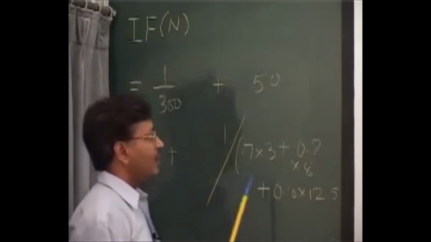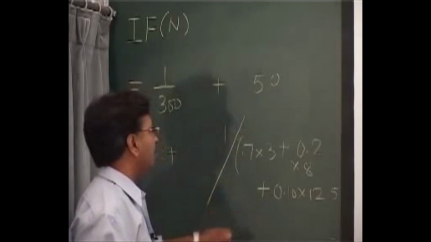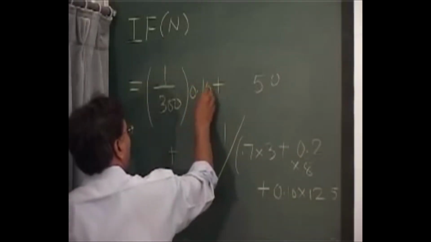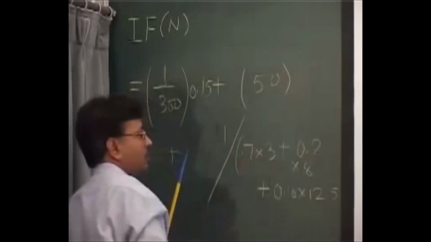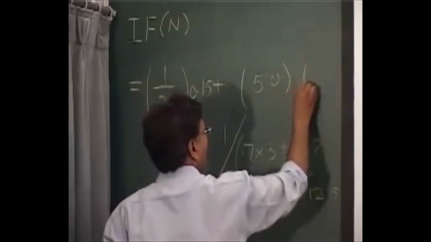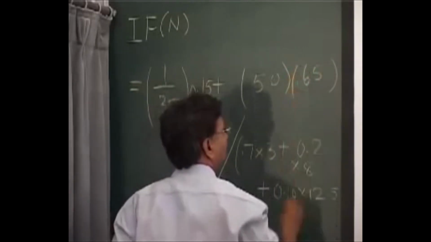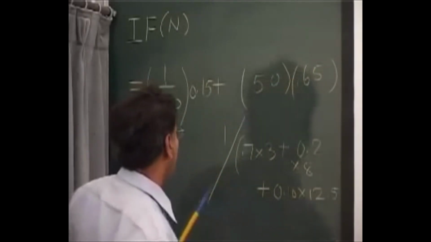Then it tells you, with the obtained impact factor, with weight factors 0.15, 0.65 and 0.2 for the first, second and third terms. So the weightage for this one is 0.15, this is 0.65, and this one is 0.2.